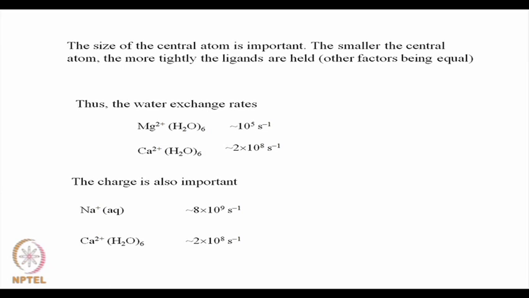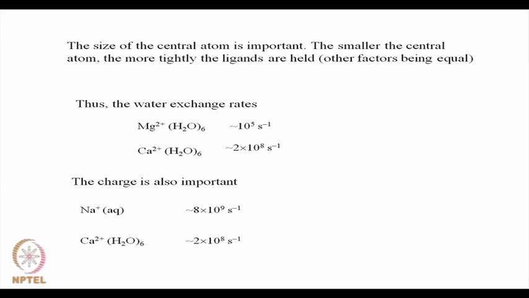So, in the case of magnesium the rate is smaller, but for calcium the rate is higher. So, you can correlate the statement that the size of the central atom is very important, and also charge is very important.